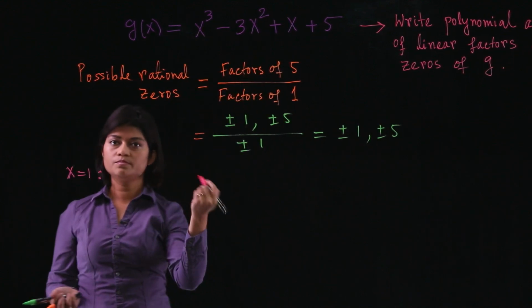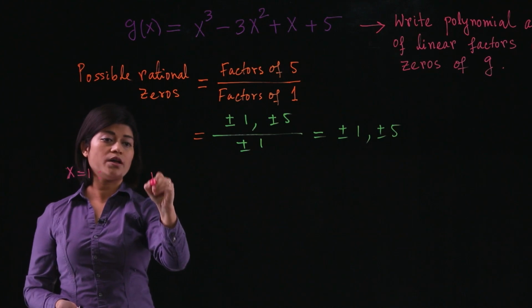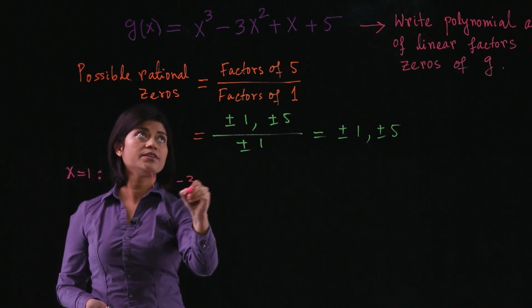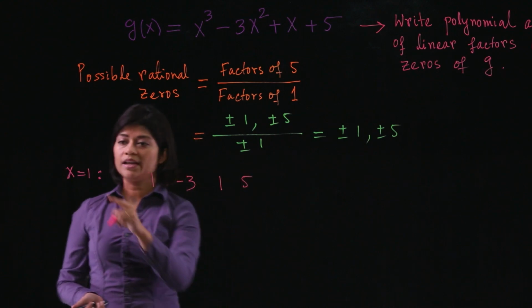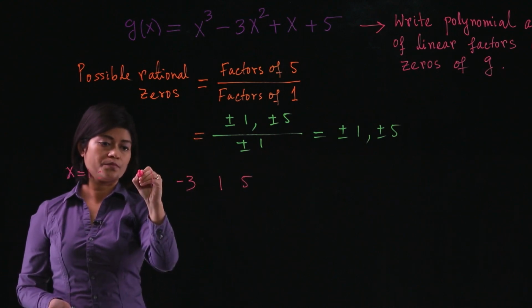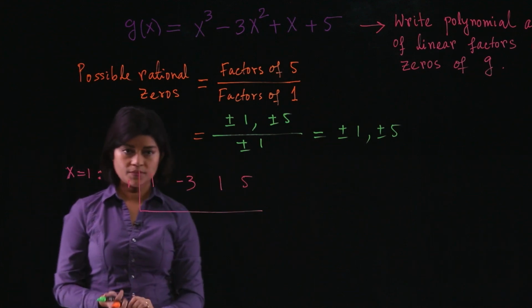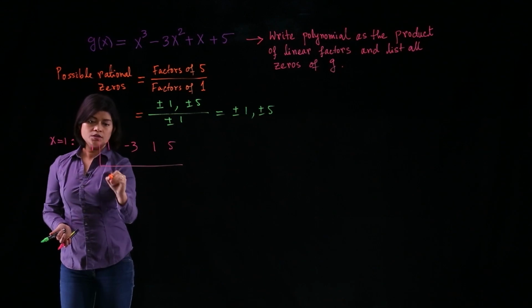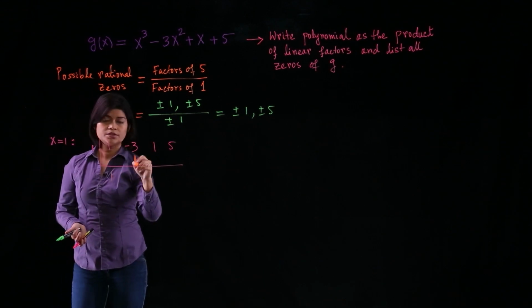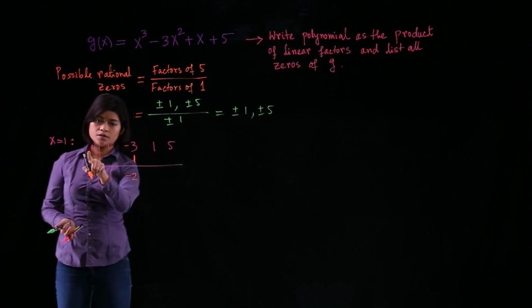Well, you know synthetic division, you write down the coefficients of g. So we have 1, negative 3, 1, and 5. And I'm checking x equals 1, so let's put 1 here. Okay, you bring down this 1. 1 times 1 is 1. You add 1 minus 3, negative 2.